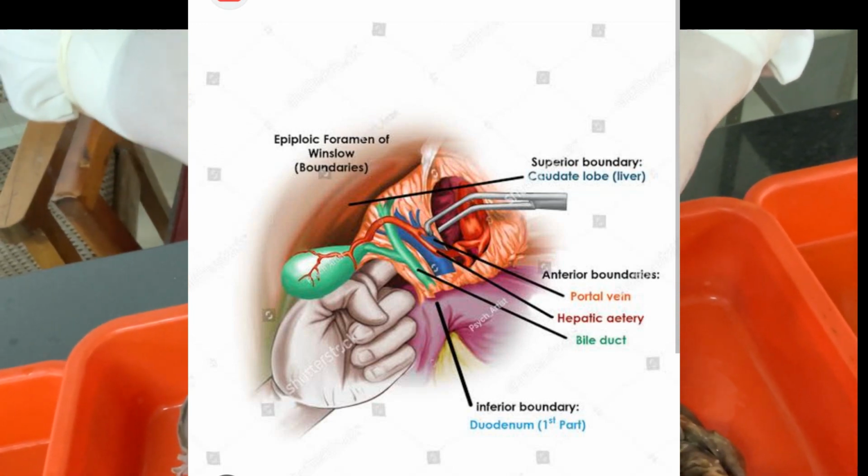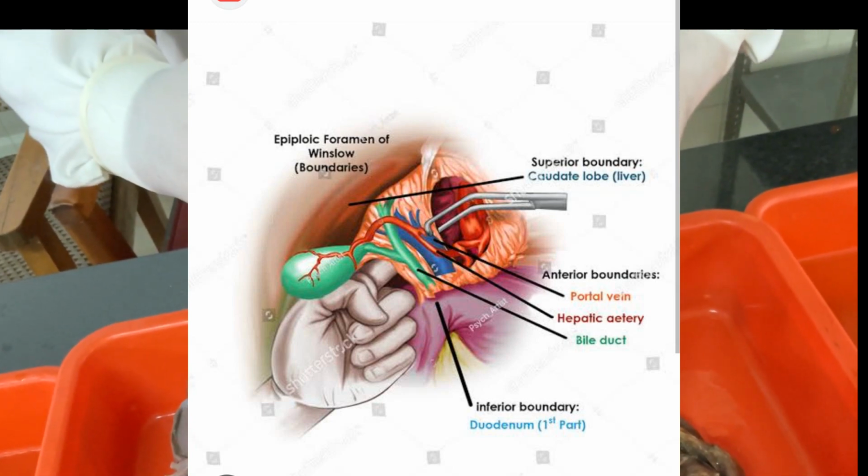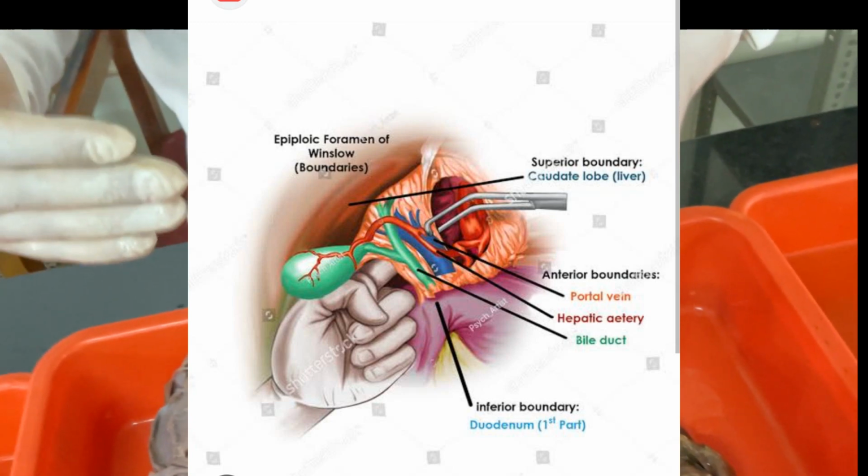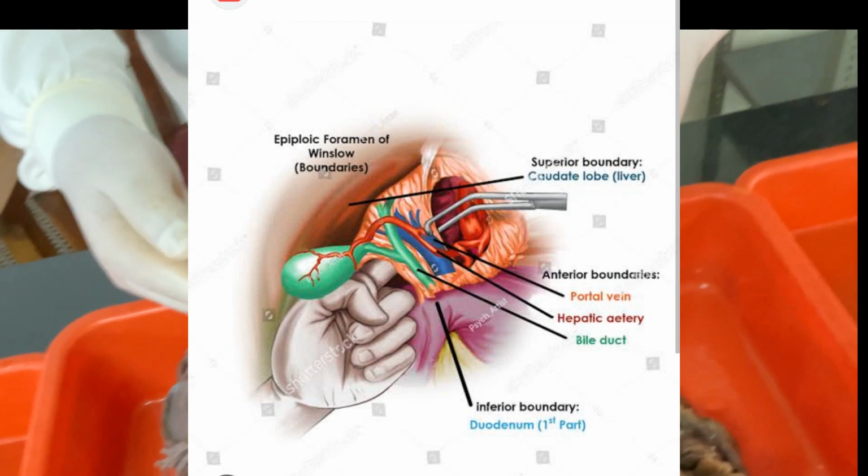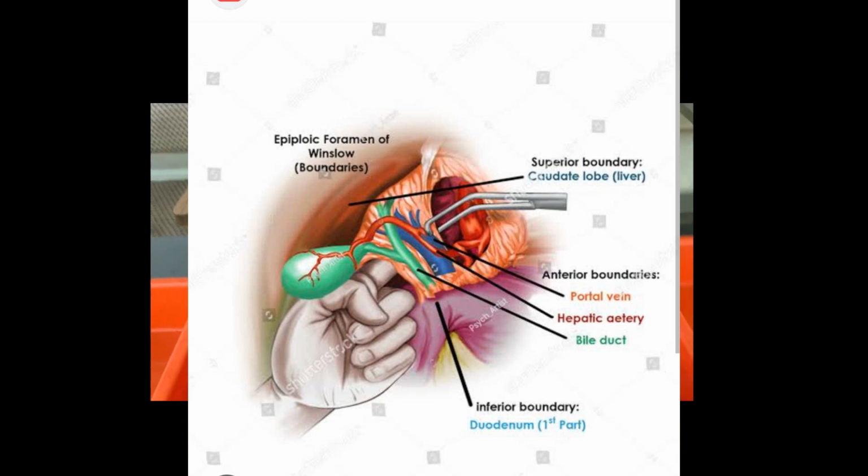It is a slit-like opening from where secretions can go from the lesser sac into the greater sac. It is also called the foramen of Winslow, the epiploic foramen, or the aditus to the lesser sac. The lesser sac is formed as a result of rotation of the gut tube.